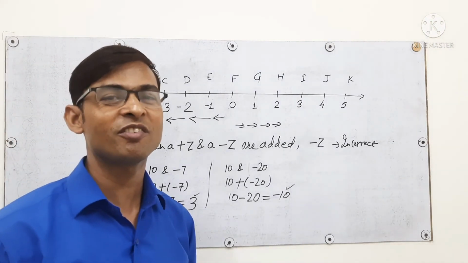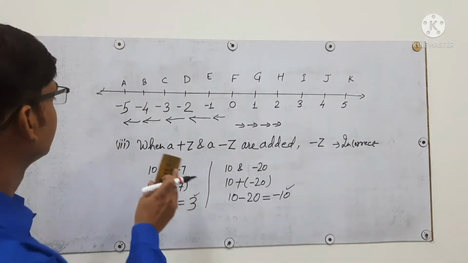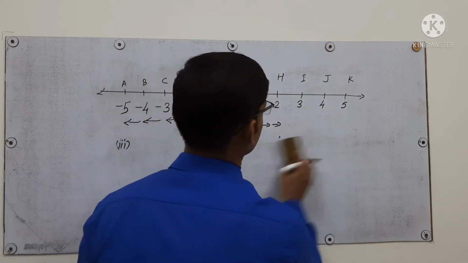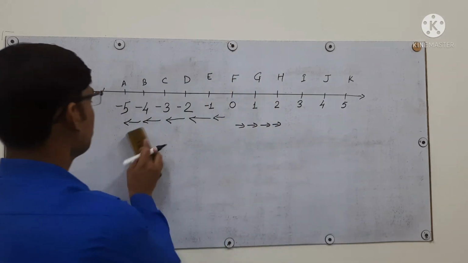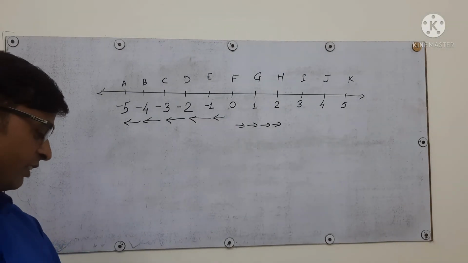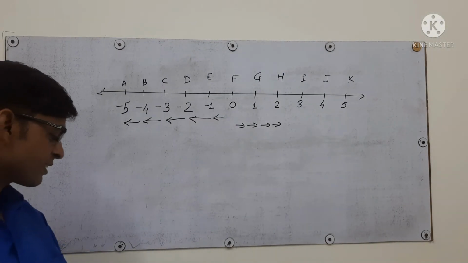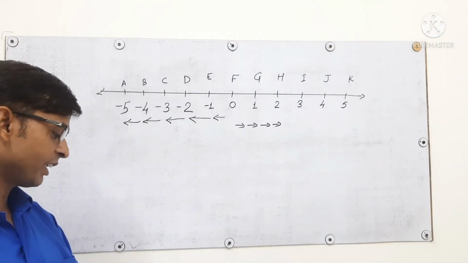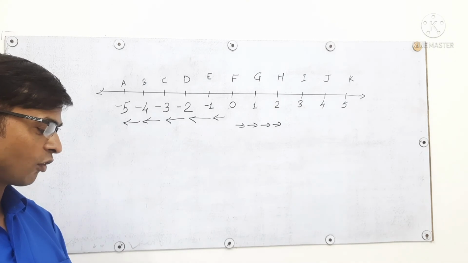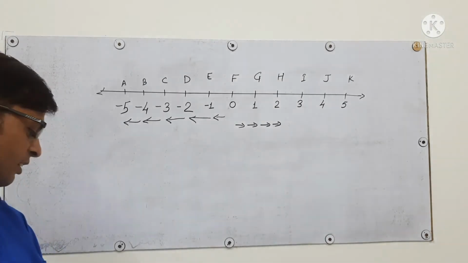Okay students, now we will do another example of it. That is example number 4. And this example is very interesting, and the statement is: the additive inverse of an integer 8 is minus 8, and the additive inverse of minus 8 is 8.